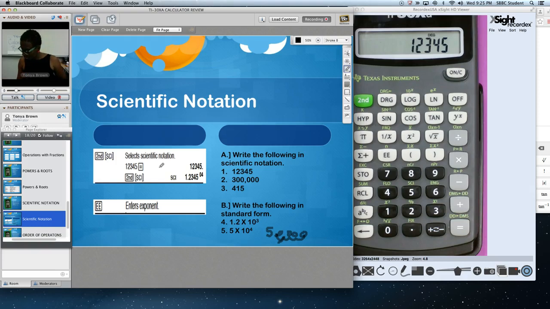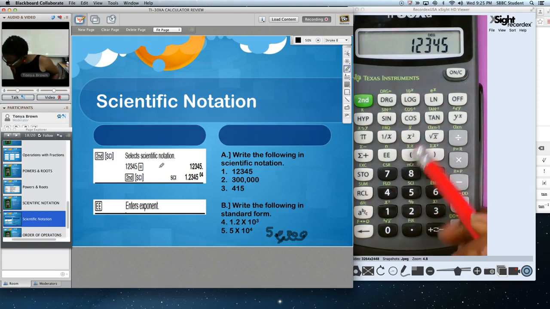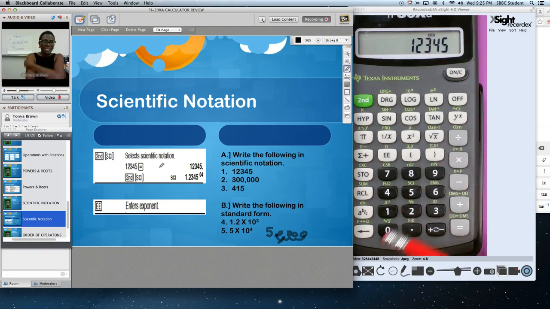I think I did that wrong. Give me 1 second. I think I got ahead of myself. Oh, I didn't. So then I want you to press second and then hit SCI. So when you do that, what do you see? So what is this then?